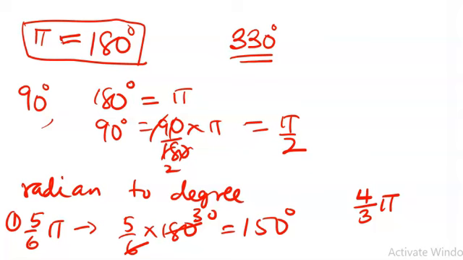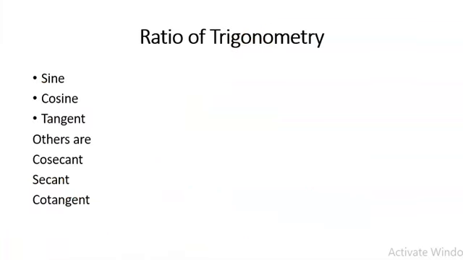So now, having established the relationship between degree measure and radian measure, we want to look at the ratios of trigonometry. If you remember, we said that trigonometry is the study of relationship between the sides and the angles of a triangle. There are 3 main ratios of trigonometry: sine, cosine, and tangent.